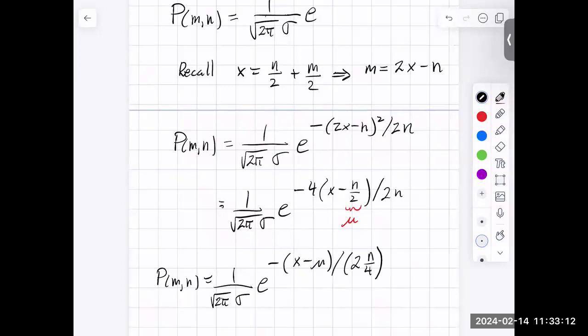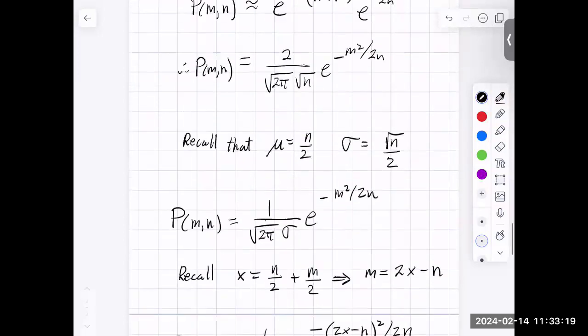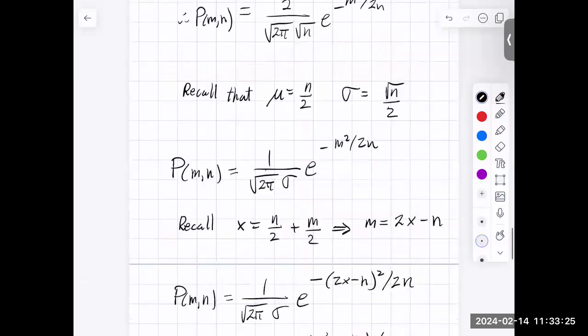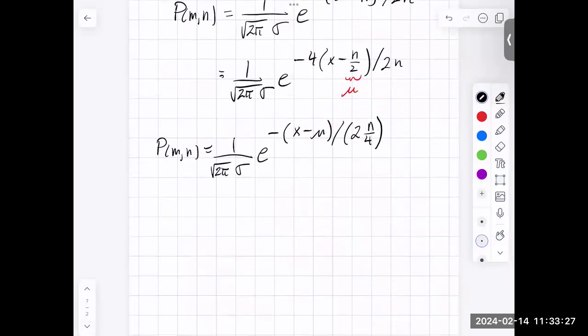Okay, so I take the 4 in the numerator, and I put a 1 over 4 in the denominator. But this n over 4, if I square sigma, that's n over 4. So this thing is sigma squared.